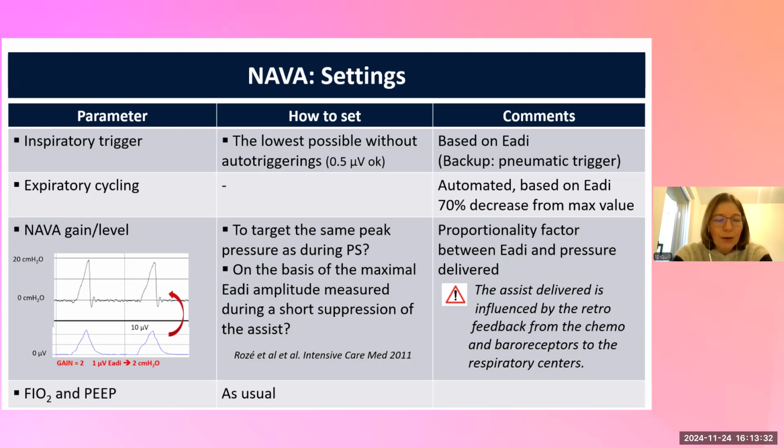And this proportionality factor represents the proportion of airway pressure you are going to deliver compared to the amplitude of the electrical activity of the diaphragm. I'm going to come back to that a bit later because it's important to discuss how we can set this NAVA gain or level. And in the end, you set FiO2 and PEEP as usual.